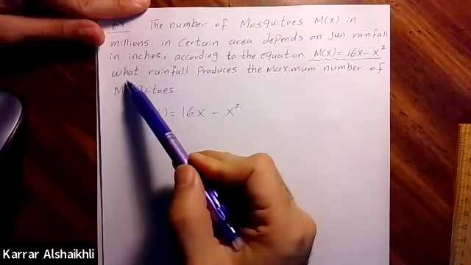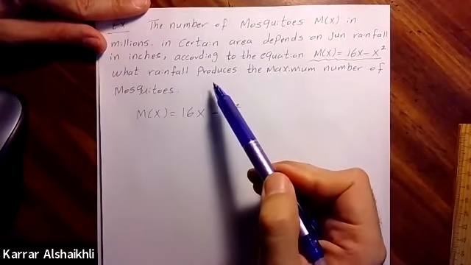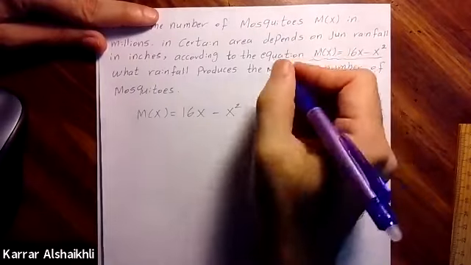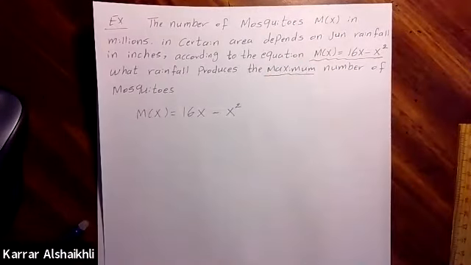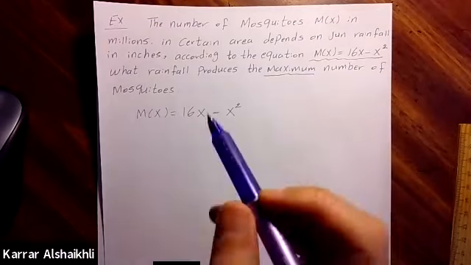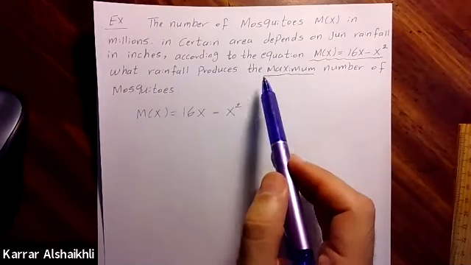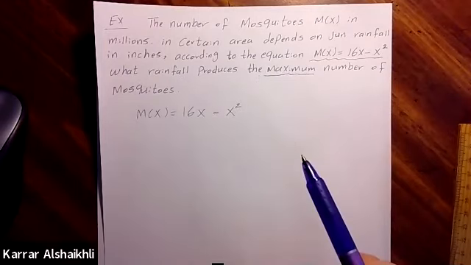They're telling you what rainfall produces the maximum. This is the second thing. When you hear the word maximum or minimum, that means they're telling you to go ahead and use the vertex formula. So they're telling you what rainfall produces the maximum number of mosquitoes.